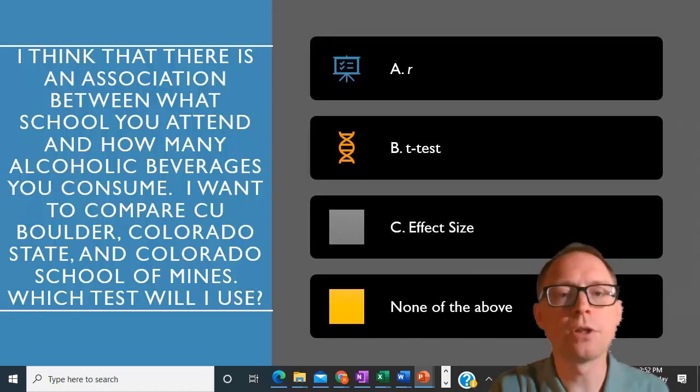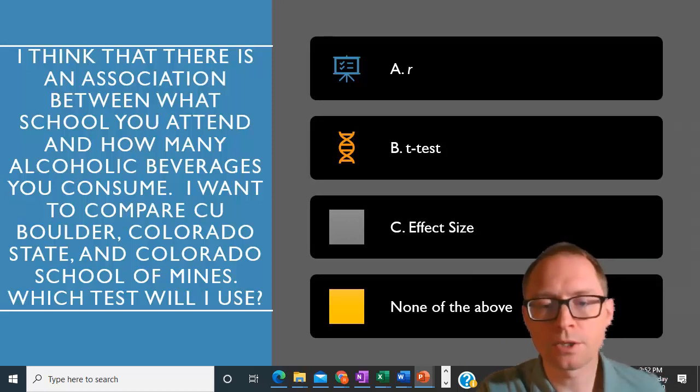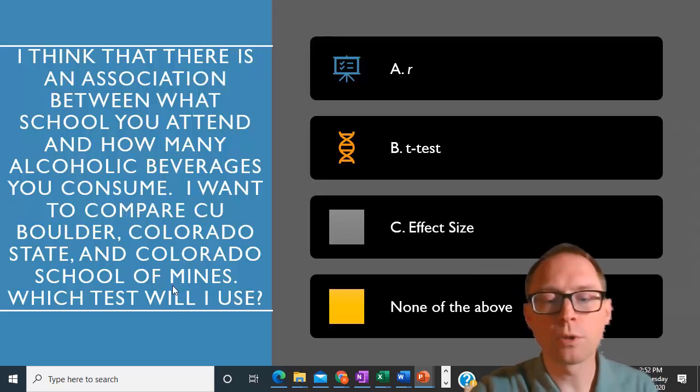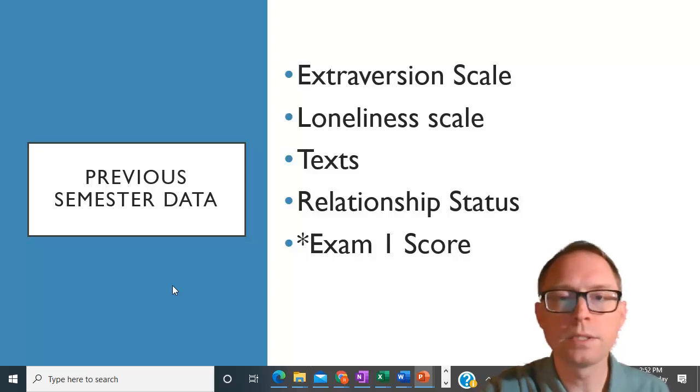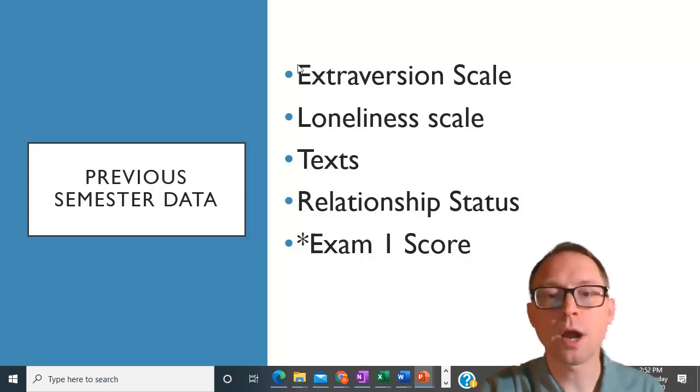All right, let's take a look at some example data. Let's do an example, remind ourselves how to do these and what it would look like. So I did an activity with a previous semester where I created an extroversion scale and a loneliness scale. So I had all my students take each of these.